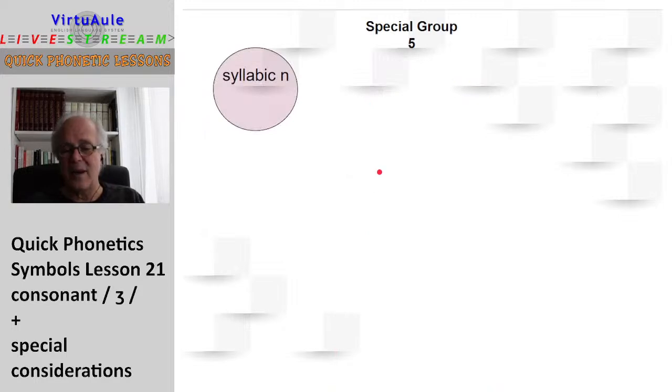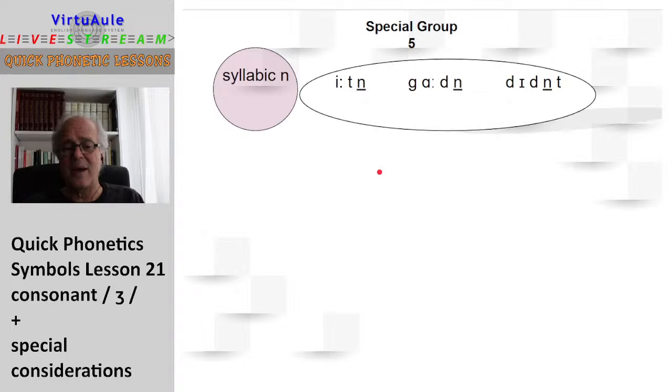All right. Let's look at special group 5. These are the syllabic consonants. We have syllabic n. Eaten. We actually have a syllable here that is formed because it's very difficult to form these two sounds, t and n.